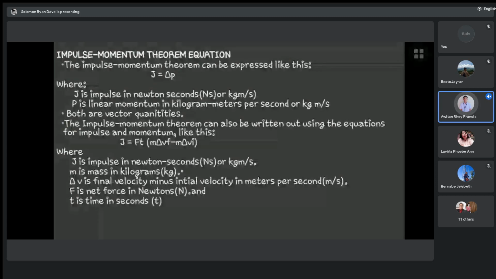The theorem can also be written as J equals Ft, equals m Vf minus m Vi, where m is mass in kilograms, Vf minus Vi is final velocity minus initial velocity in meters per second, F is net force in newtons, and t is the time in seconds.